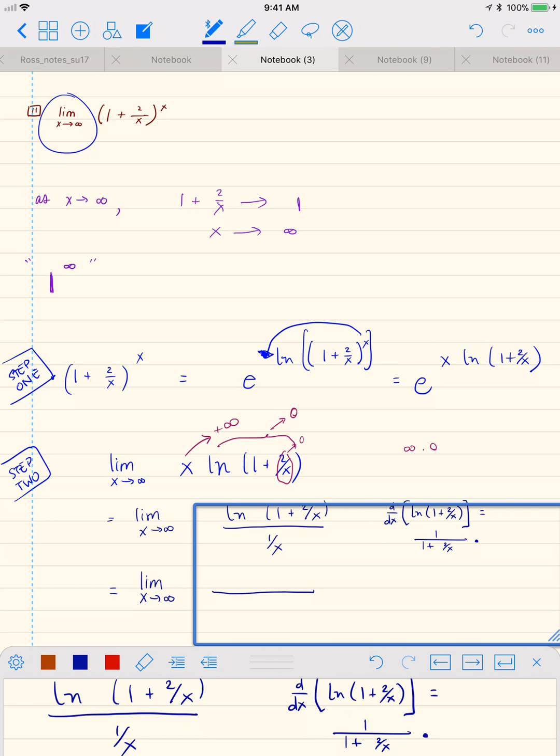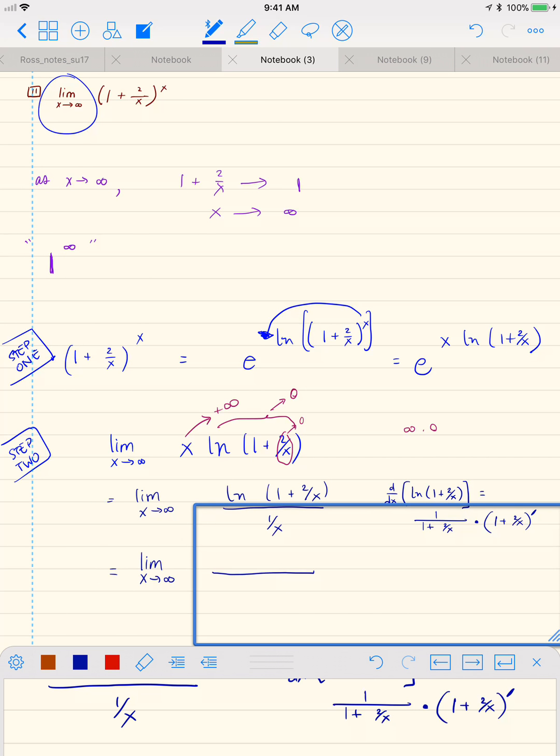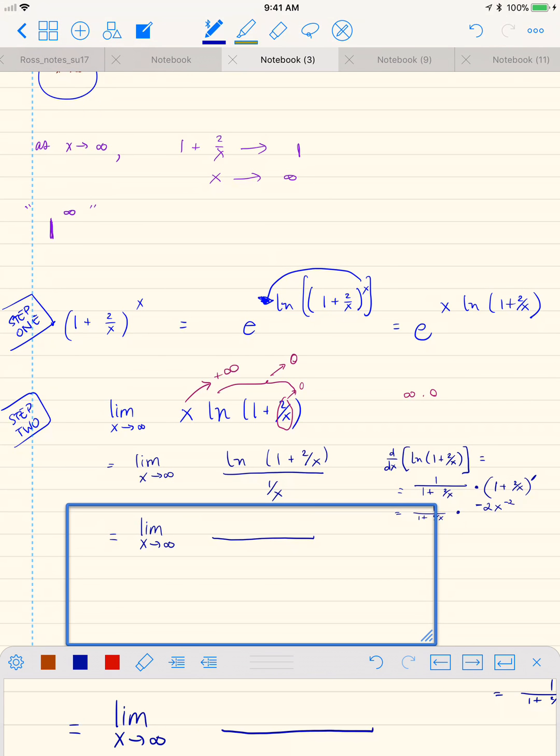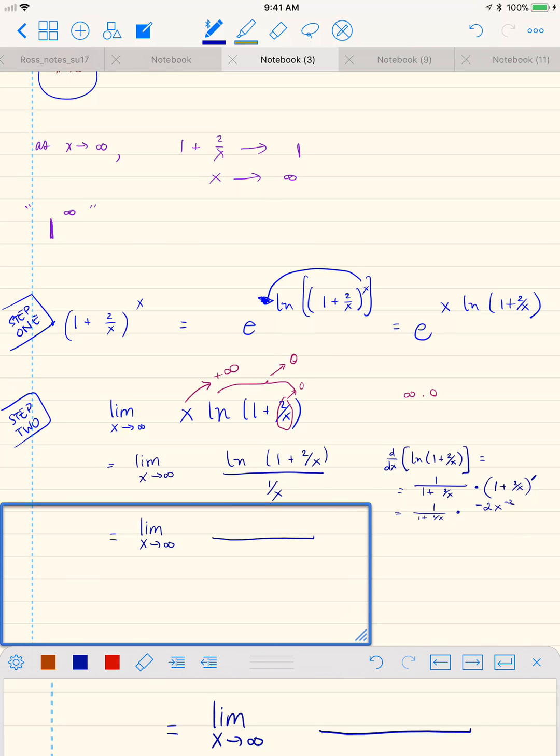We need the derivative of 2 over x. This is 2x to the negative 1, so we'll have negative 2x to the negative 2. So that's what I'm going to put in as my new numerator.